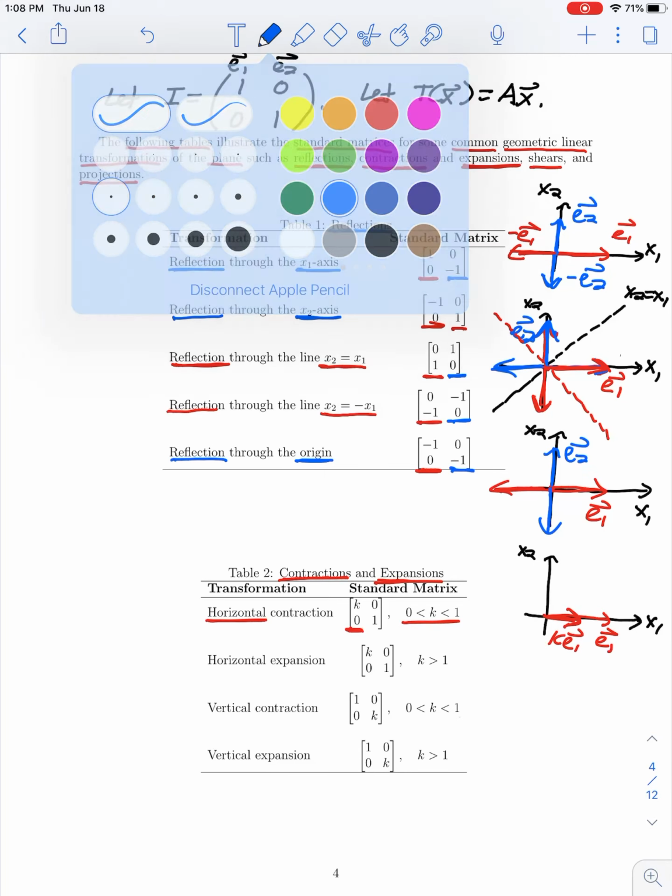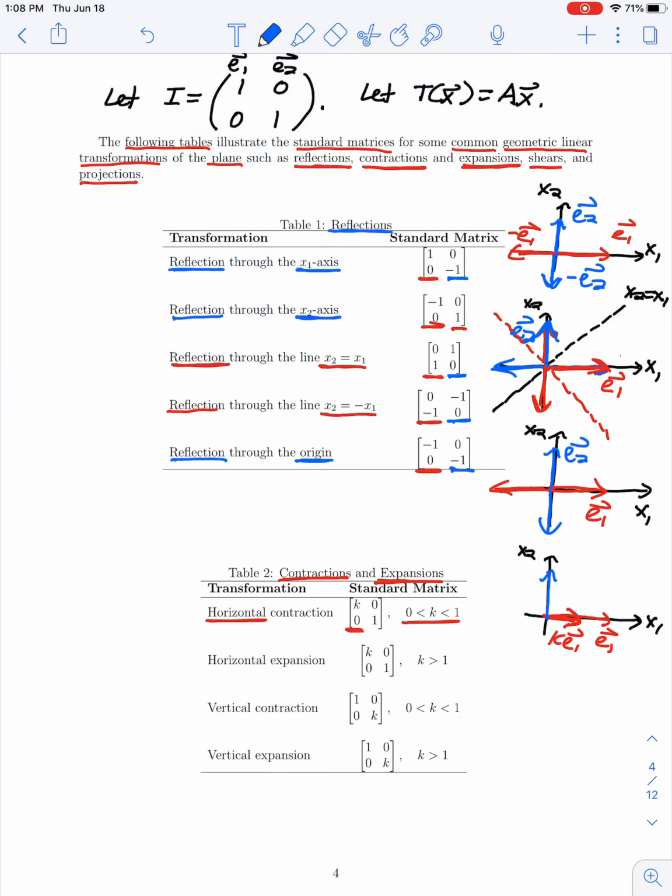And E2 is mapped to itself. (0, 1) is mapped back to (0, 1). So we're only compressing or contracting our vectors in a horizontal direction. So this is a so-called horizontal contraction.